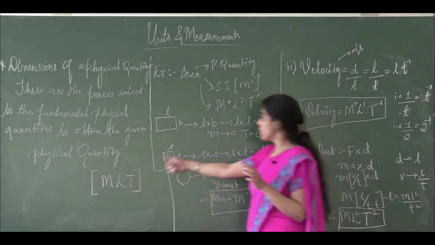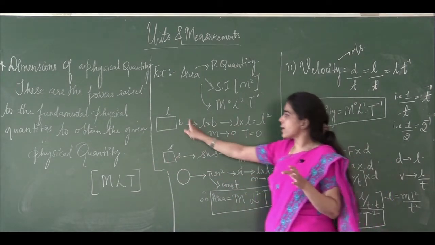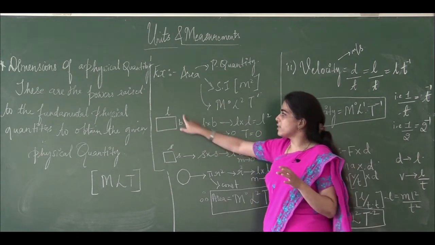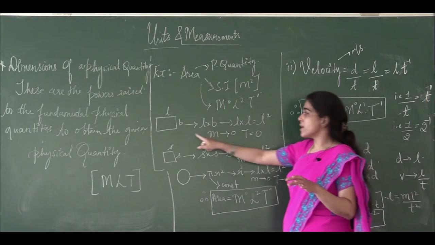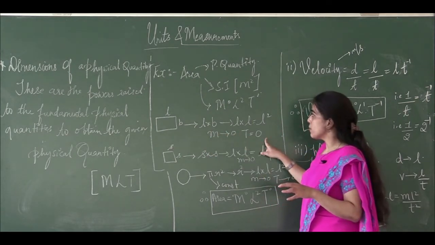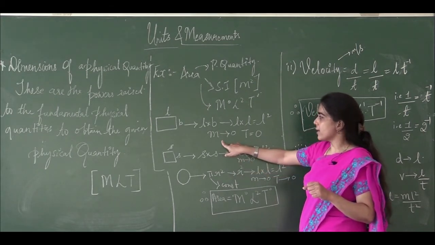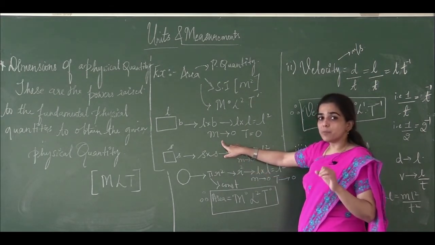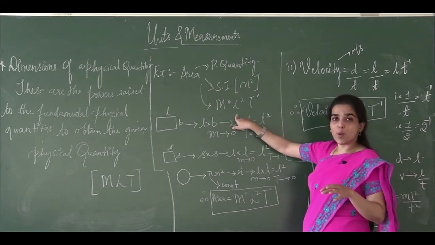Here we are not talking about any mass, so that becomes 0, and it is also not speaking about any time, so time also becomes 0. Therefore the dimensional formula for the area of the rectangle is M naught, L square, T naught.